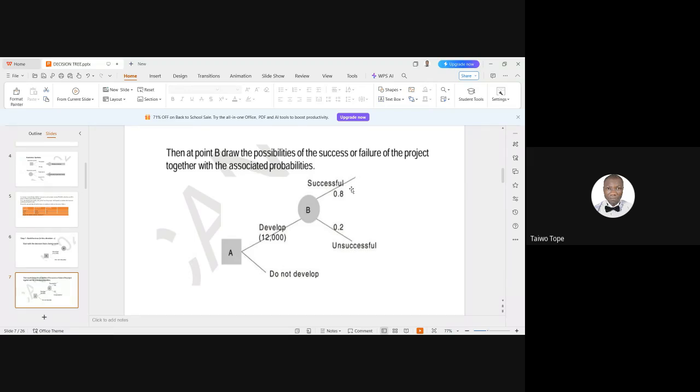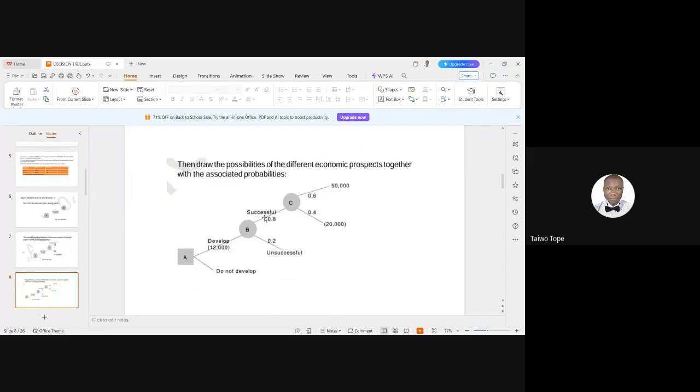So what is the outcome if the project is successful? The two possible outcomes: good or poor. The probability associated with good is what? 0.6.